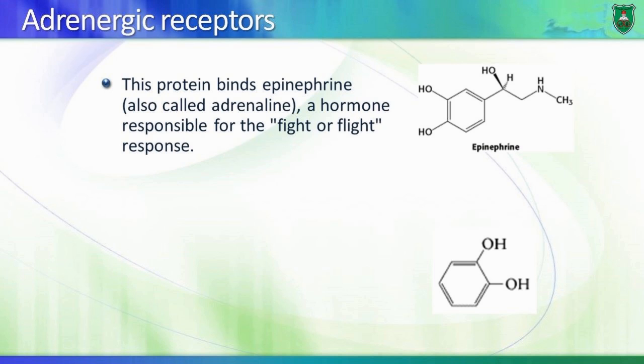We have adrenergic receptors. These respond to epinephrine, and epinephrine is the hormone responsible for the fight or flight response. It belongs to the catecholamine hormones. They're known as catecholamines because they have this ring right here.